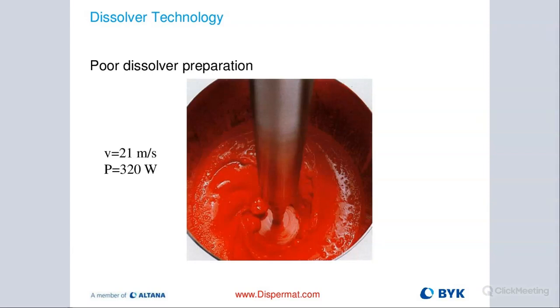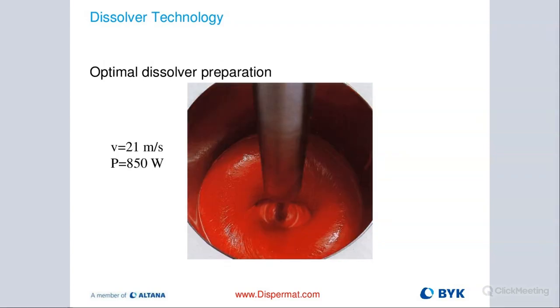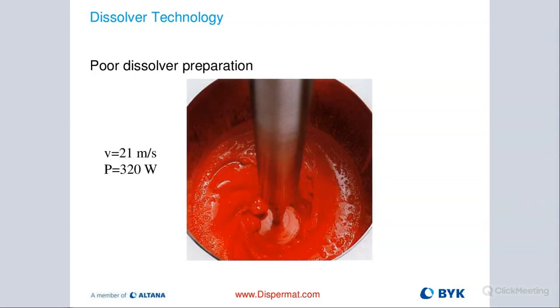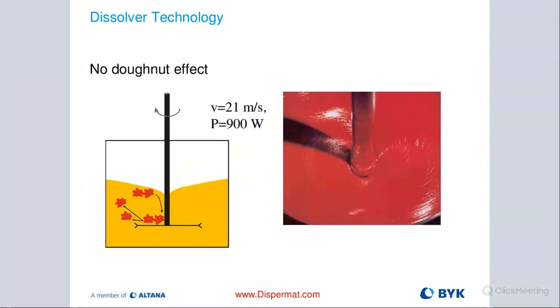If you can't change the formula, then you're fine, but you just have to add more time to the process because it takes you longer to disperse because of the only amount of 320 watts of energy you're putting in versus what we had before, which was, I think, 850, right? So it's probably going to take you two and a half times as long to get the same effect.